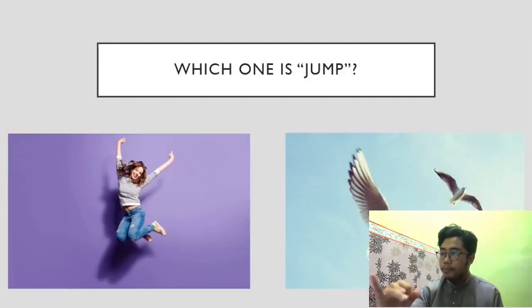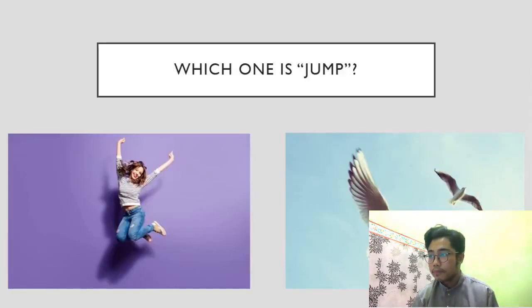Which one is jump? Do you still remember jump? Is it picture number 1 or picture number 2? Picture number 1 is a woman. She looks happy. Picture number 2, there are 2 birds. So, which one is jump?